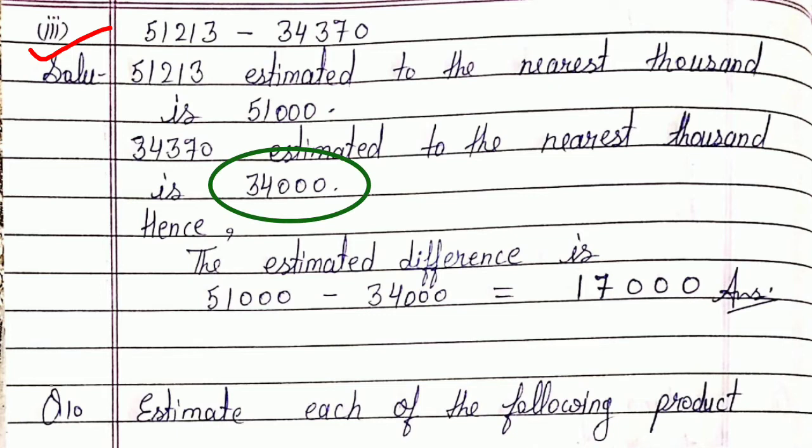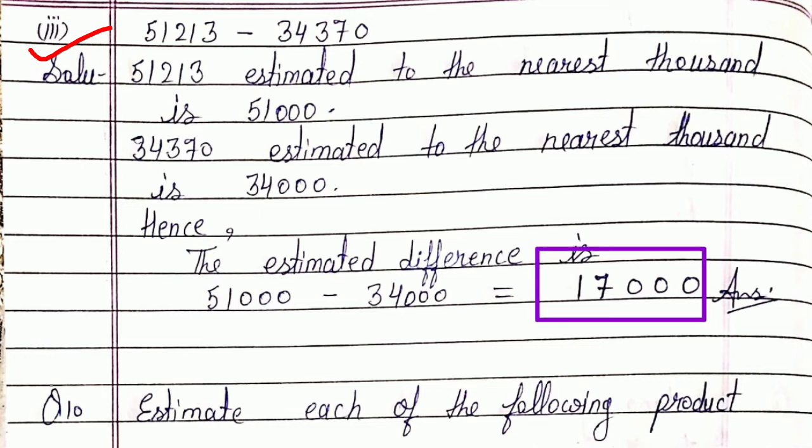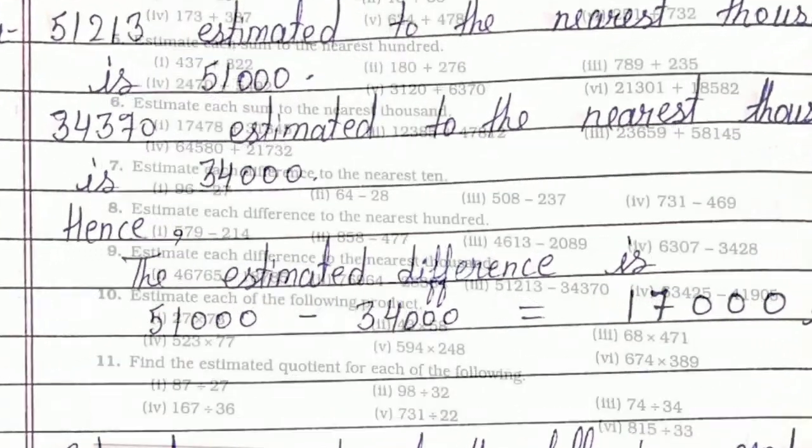Here 3 is less than 5, so we will not change any number. Hence the estimated difference is 51,000 minus 34,000, which is equal to 17,000.